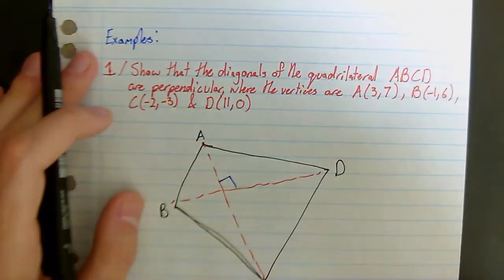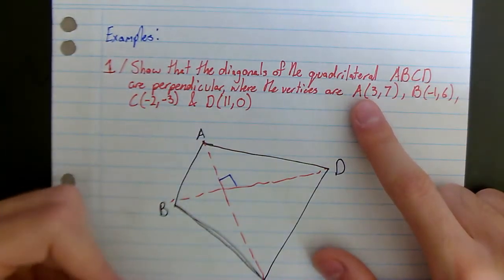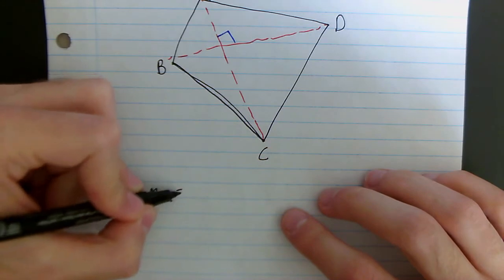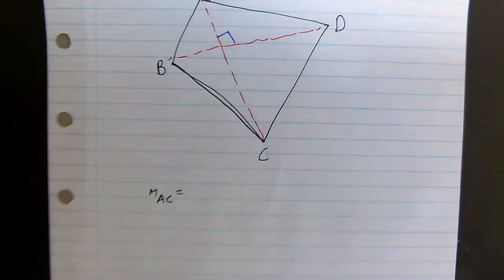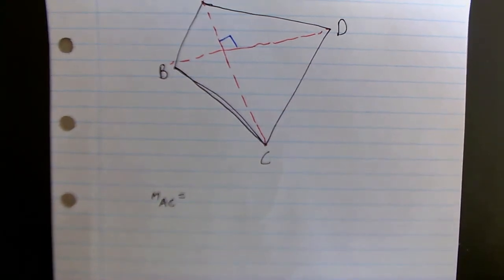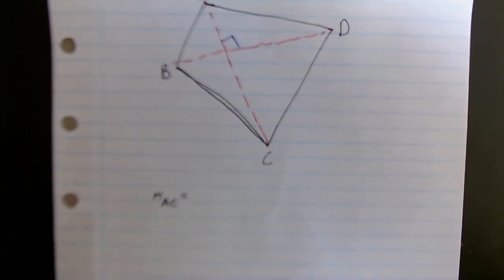So we're going to start with the gradient of AC. Now remember, gradient is rise over run, or more algebraically, it's y2 minus y1 over x2 minus x1.